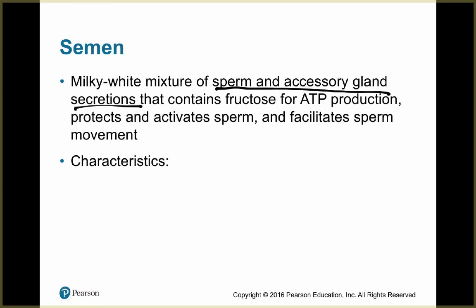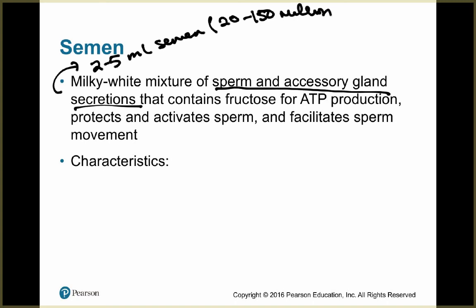And basically, men ejaculate about 2 to 5 mils of semen. And that semen is going to contain anywhere from 20 to 150 million sperm per milliliter. So it's going to have a lot of sperm in there, right?